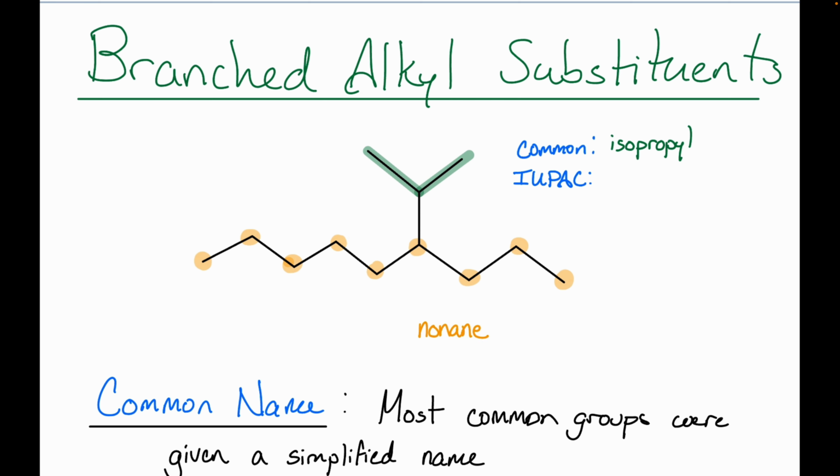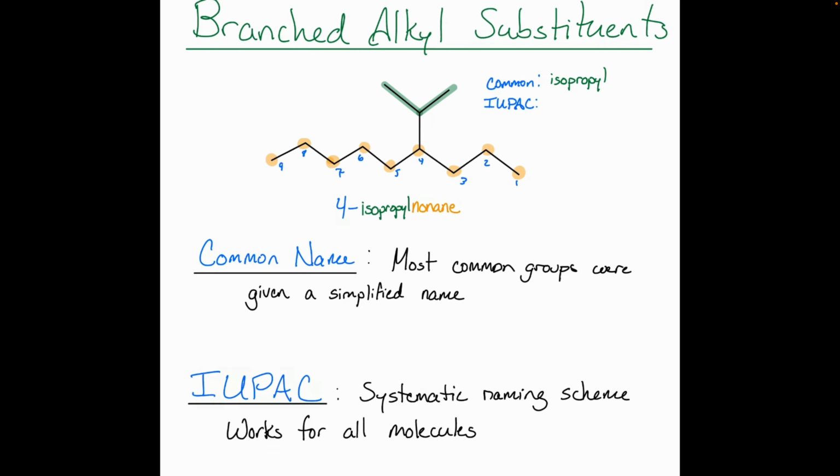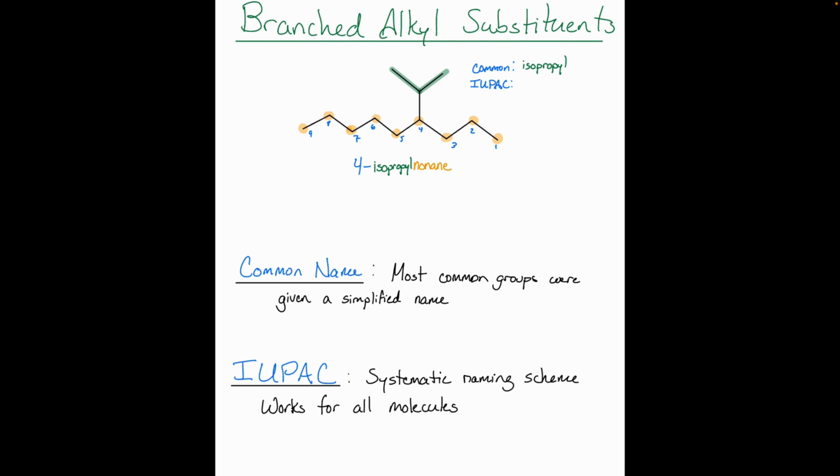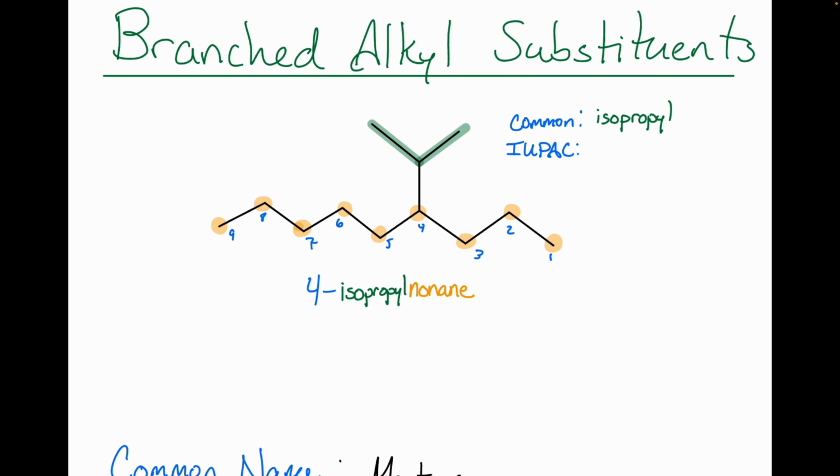I'm going to number my parent chain. In this case, I'm going to go this direction so that that iso group is on that smallest possible number. So this would be 4-isopropylnonane. Okay, so this would be my common name for my branched alkyl substituent, and this would be my common name for that entire molecule.